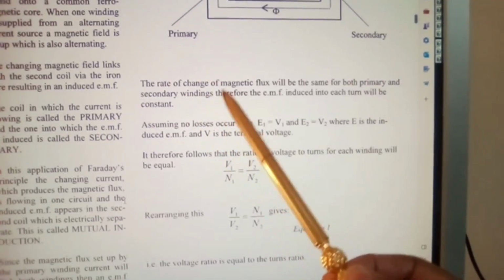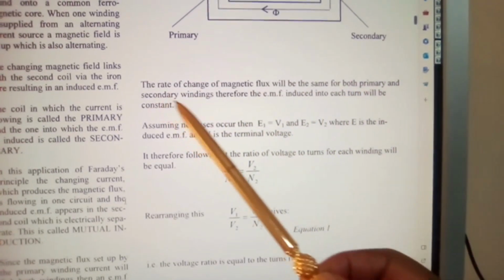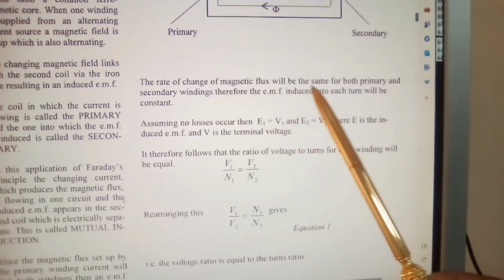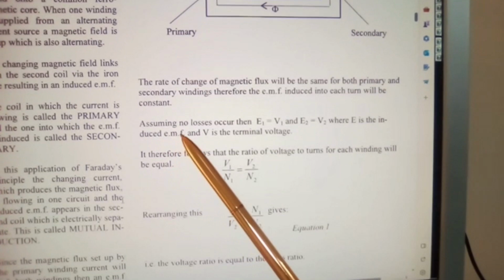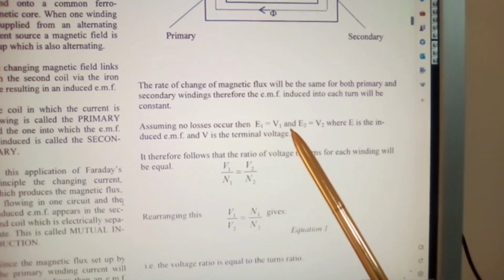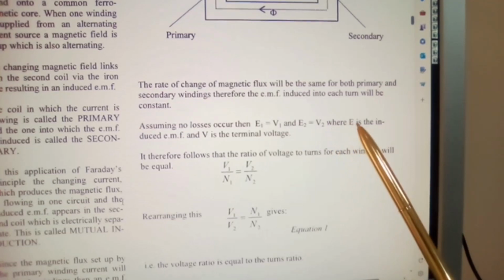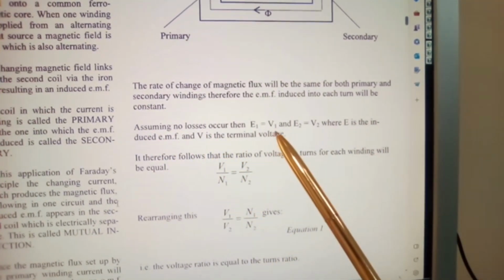The rate of change of magnetic flux will be the same for both primary and secondary windings. Therefore, the EMF induced into each turn will be constant. Assuming no losses occur, then E1 equals V1 and E2 equals V2, where E is the induced EMF and V is the terminal voltage.